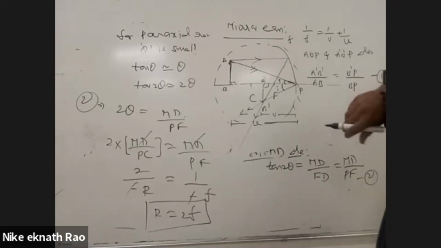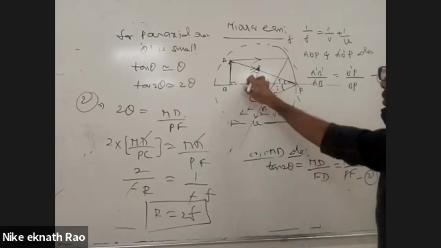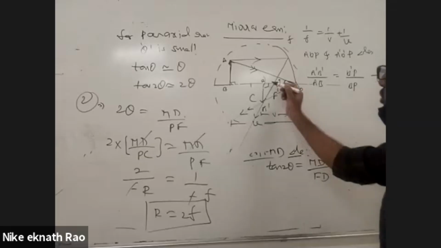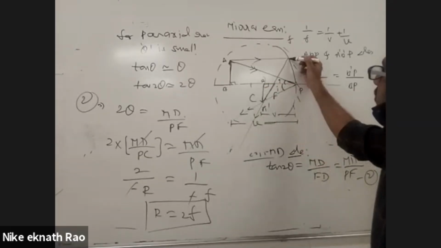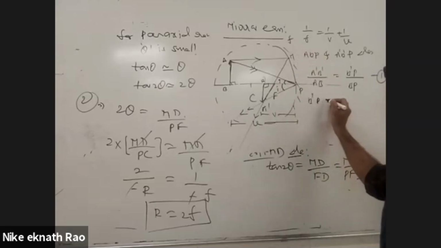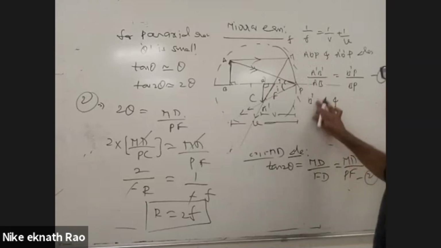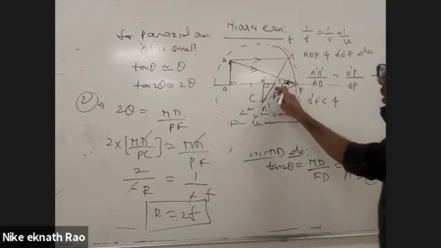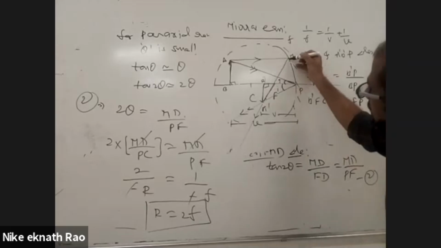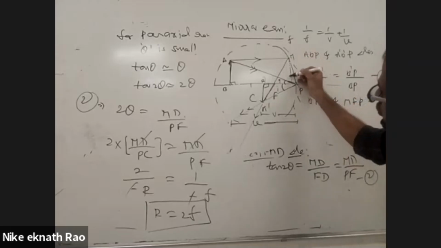Now I can take one more pair of triangles, here B dash F C and M F P. These are similar triangles, and the ray parallel to the axis is almost at the pole.